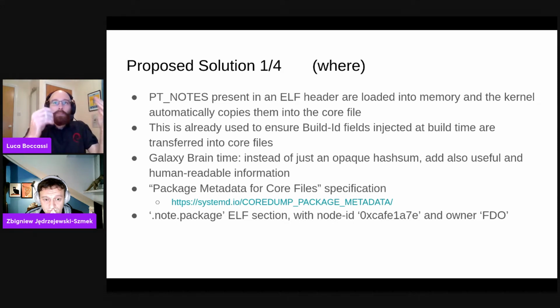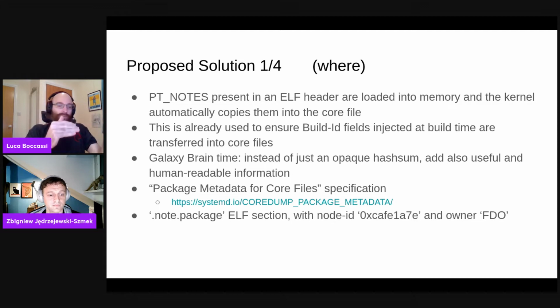So we came up with this specification that can be read on this website linked here for encoding package metadata. And given we are very creative, we called this new ELF section that has packaging information note.package. And then there's again a randomly generated note ID and an owner, which is the initials of freedesktop.org.